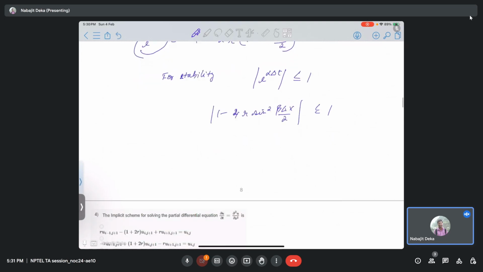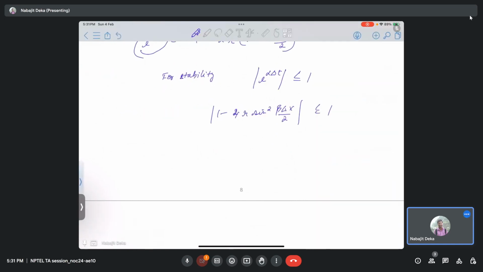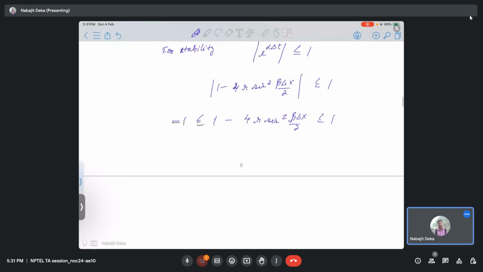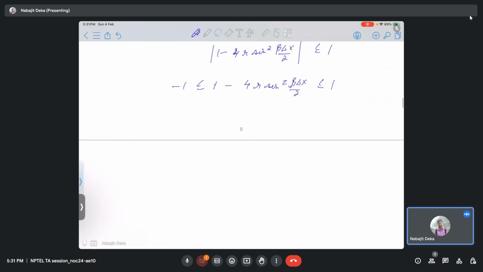Now using the property of modulus, this term has to be in between minus 1 and 1.